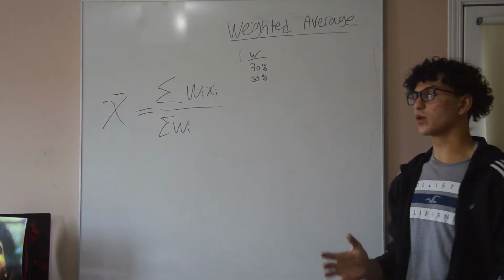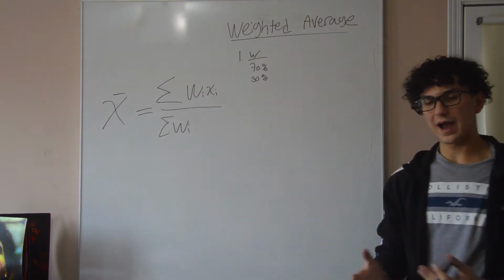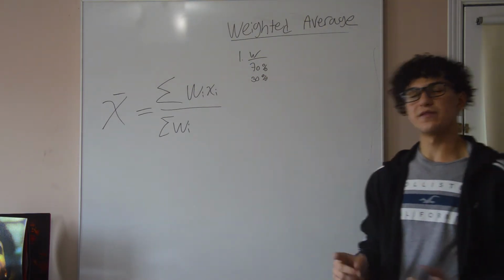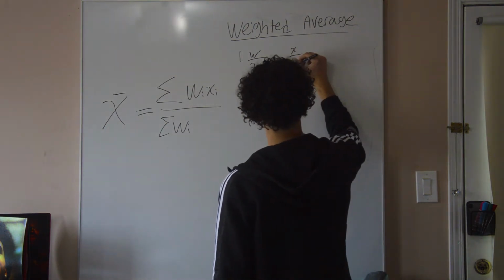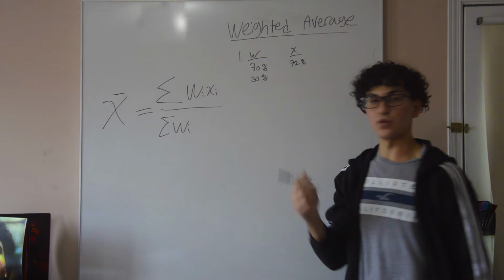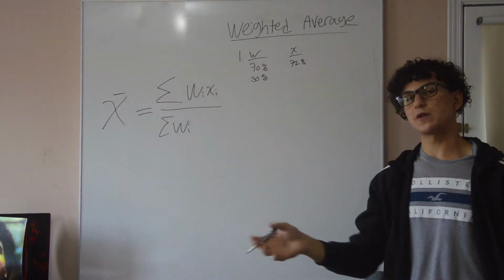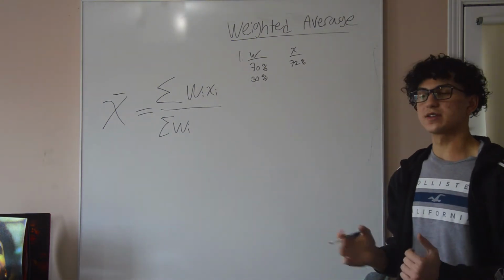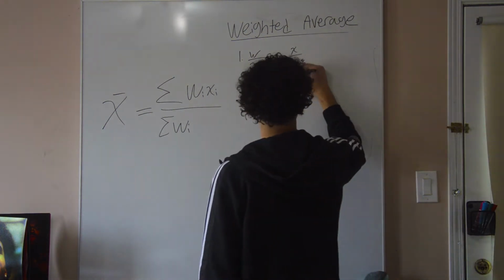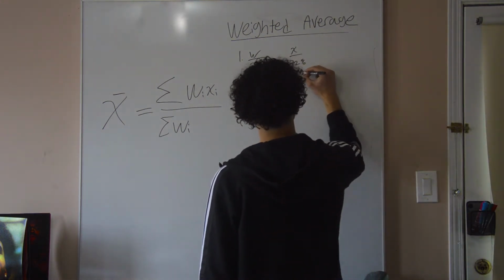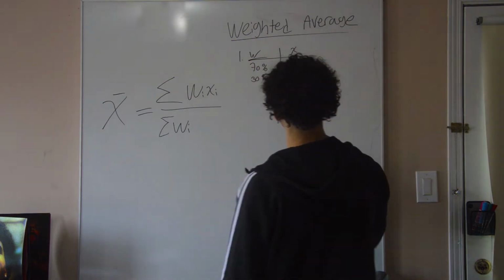Now, let's say before the exam, you were averaging 72. So you were at a 72% before the exam, and let's say your teacher reached out to you and told you, hey, on your exam, I could tell you got a 95%, for example. 95%, just like that.